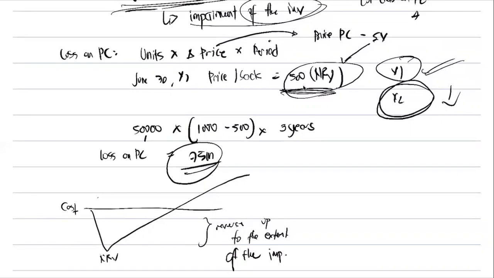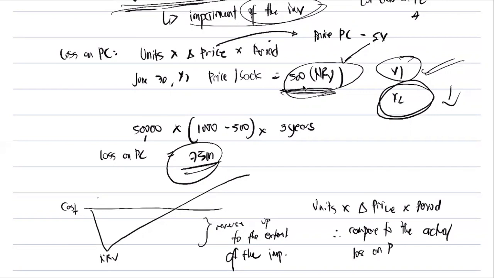Okay? So, paano natin uli i-compute yan? So, again, based on the units and the change in price, of course, if ever there is an increase, times the period. But always compare to the actual loss on purchase commitment. Whichever is lower, yun yung kukunin ninyo.